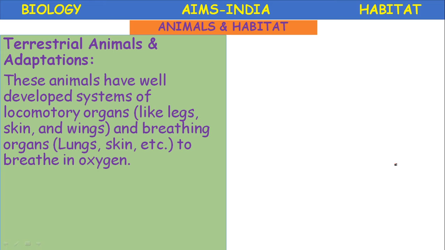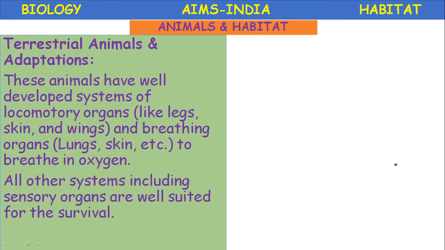Some of them breathe with the help of lungs, with the help of skin. During breathing, they breathe oxygen. All other systems including the sensory organs are well suited for survival on land.